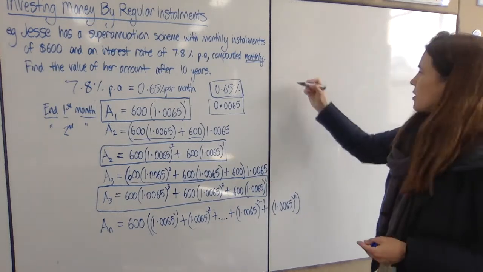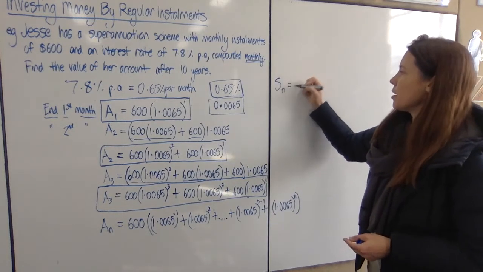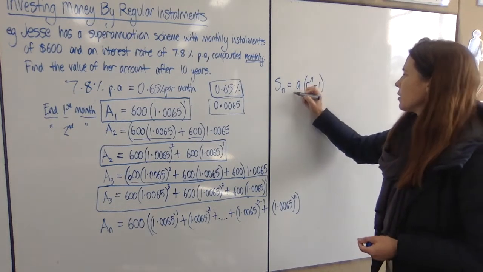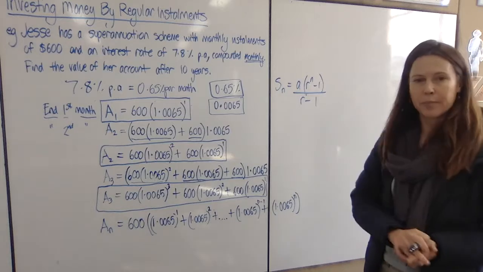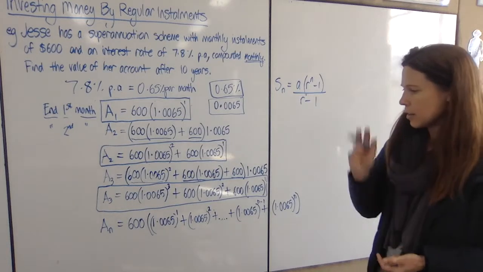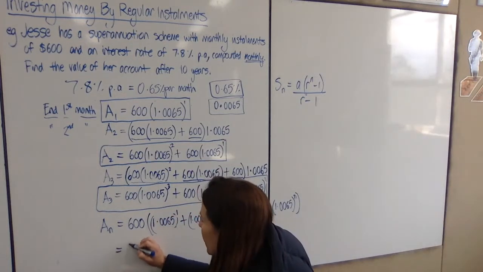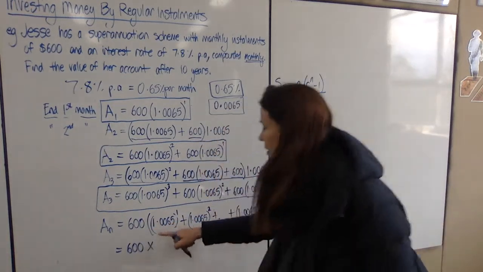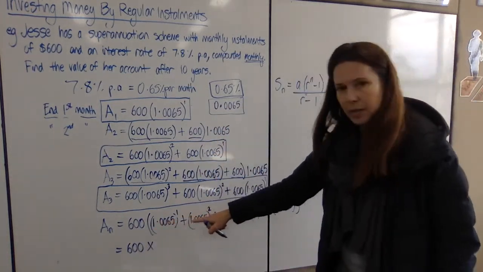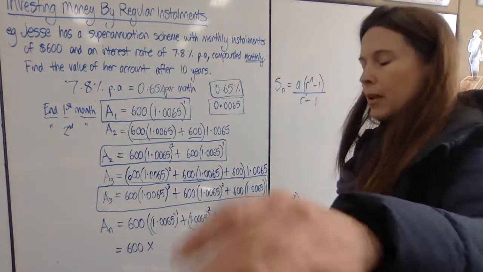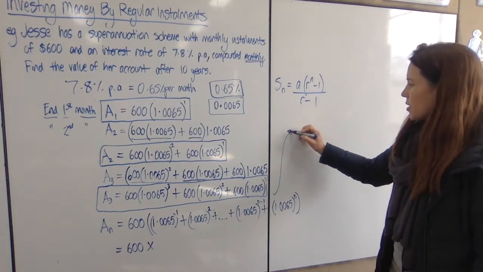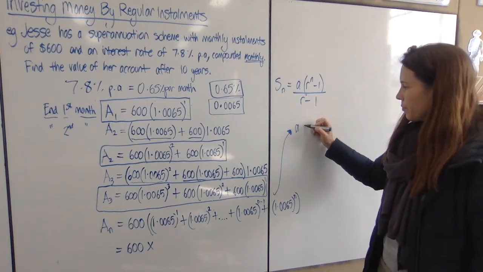All right, now, considering we know the sum of n terms is a, r to the n minus 1, over r minus 1. We've got our 600 out the front here, multiplied by this geometric series. This is the series, okay? Now, if we look at this series, let's just consider, what's the first term?